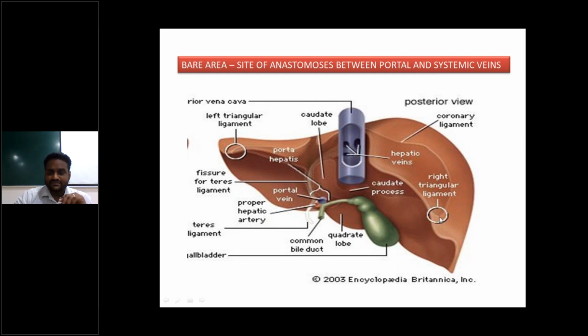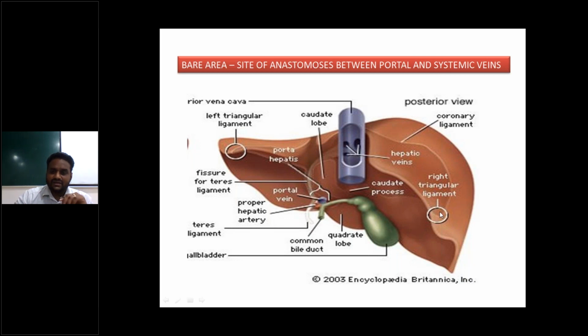This is the apex, and above you see a line, and below you see another line. Above and below it is bounded by the superior and inferior layers of the coronary ligaments. Once again, I repeat the boundaries of the bare area of liver. The base is formed by the groove for the inferior vena cava.